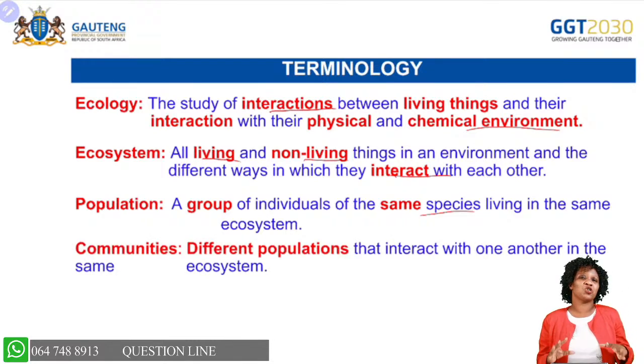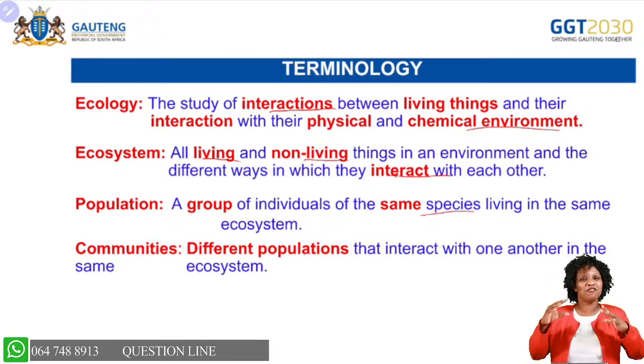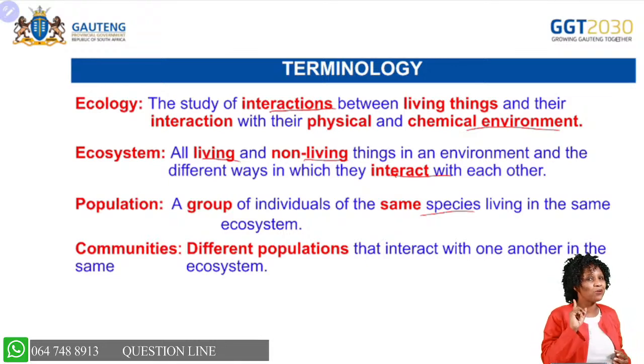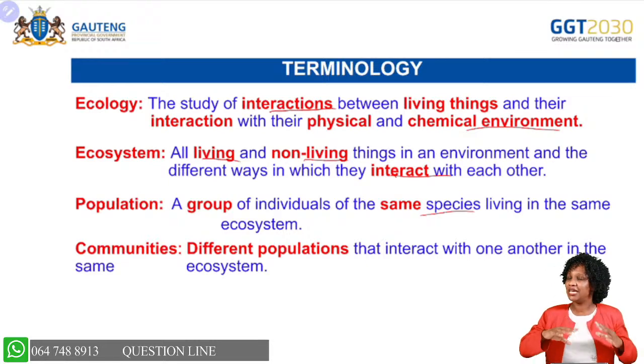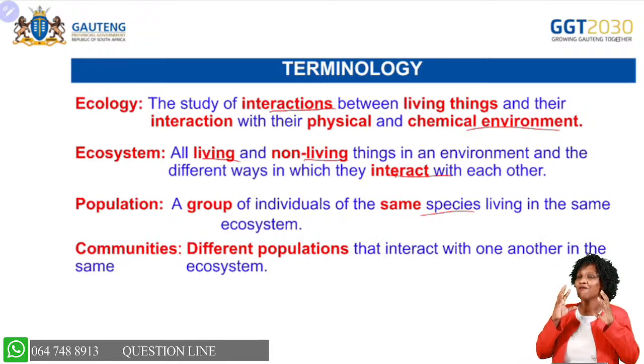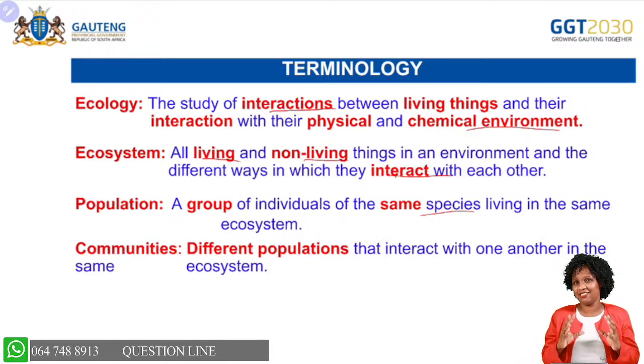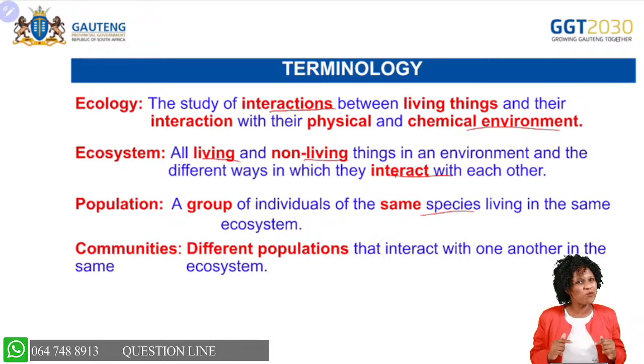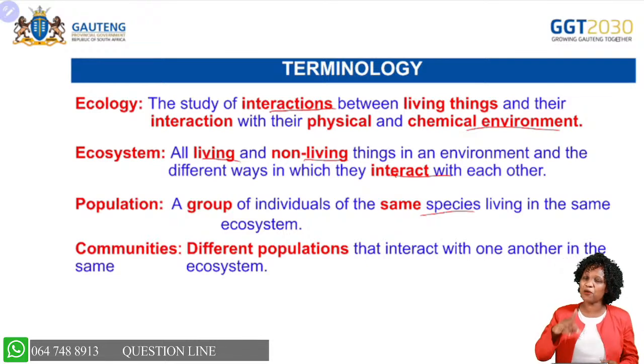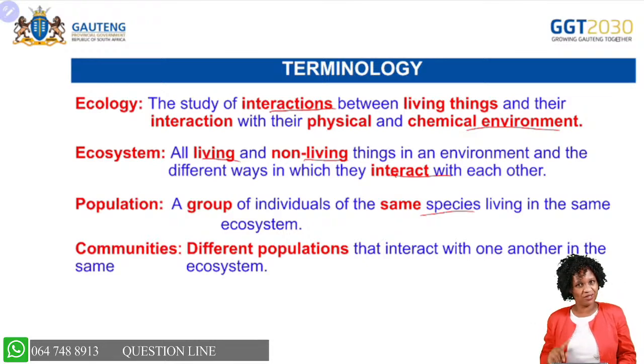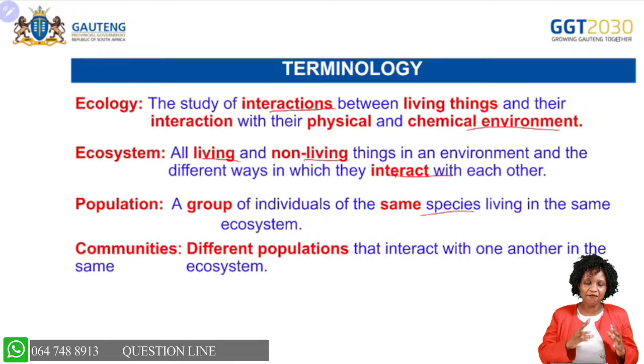And then community. When we are talking about a community, we are talking about different populations. Remember, we said a population is a group of animals of the same kind. But when we are talking about community now, we are talking about different populations, which means different animals sharing the environment, living in the same environment.